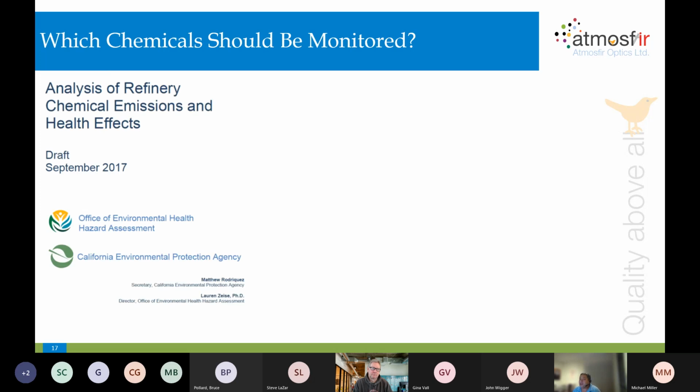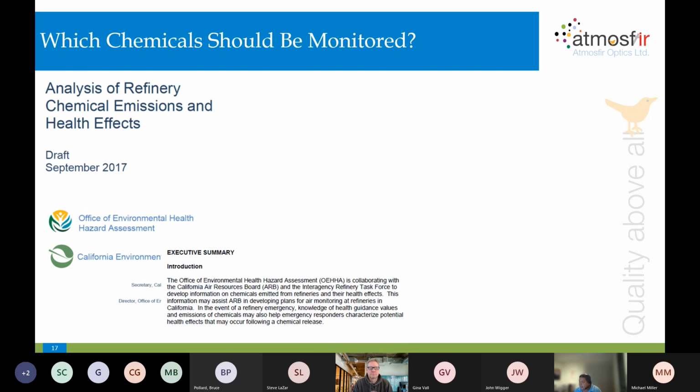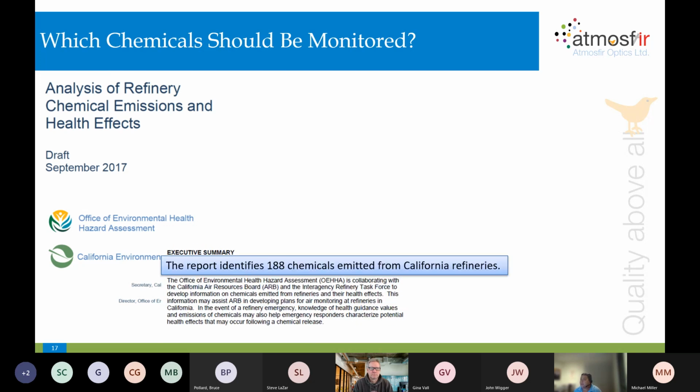So the second question, after we answer who should monitor, will be which chemicals should be monitored. And in 2017, the Office of Environmental Health Hazard Assessment, together with Cal EPA, wrote this document, an analysis of the chemical emissions that can potentially be emitted from the refinery.